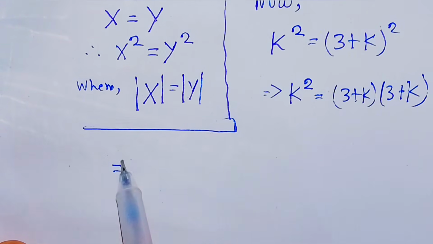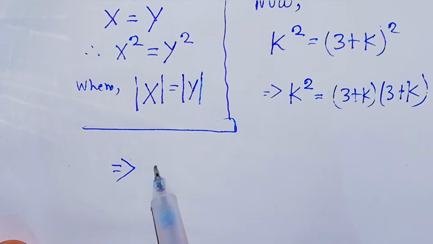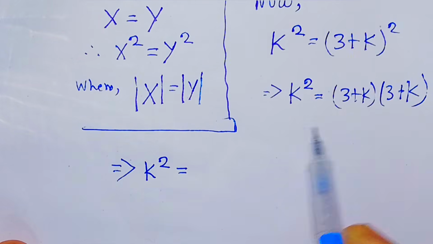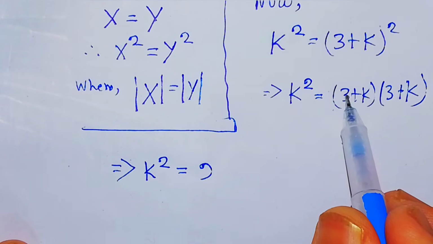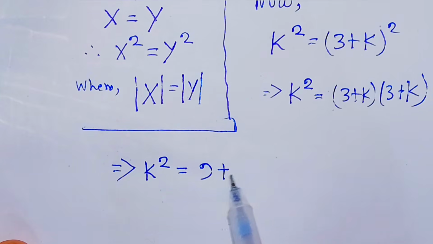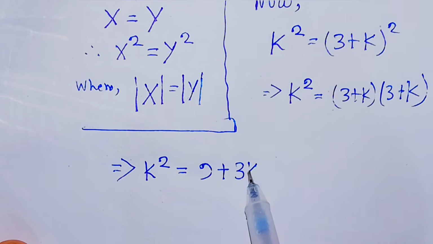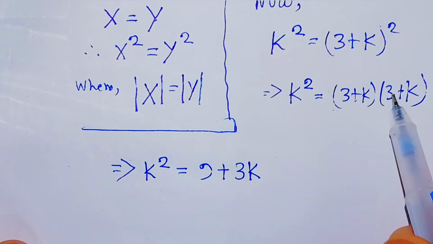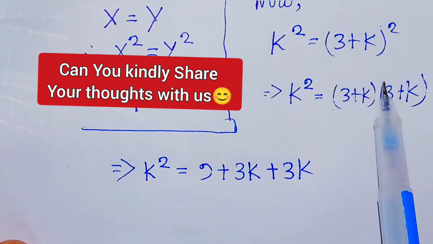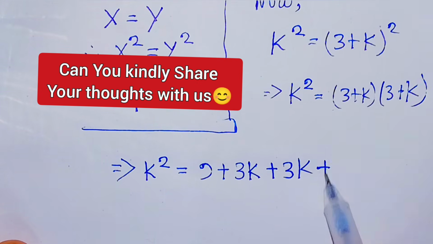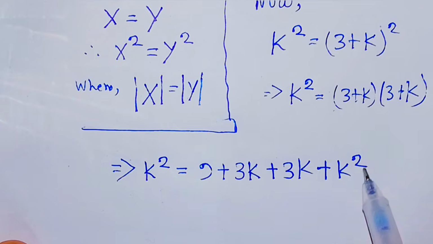So from here we can write k square is equal to 3 times 3 is 9, plus 3 times k is plus 3k, then k times 3 plus 3k, and k times k is plus k square.